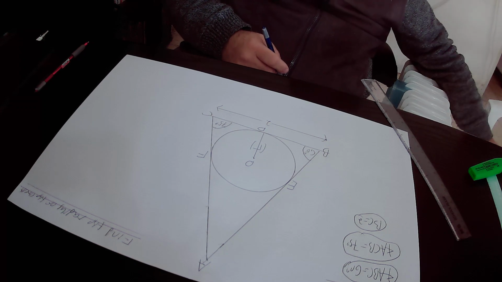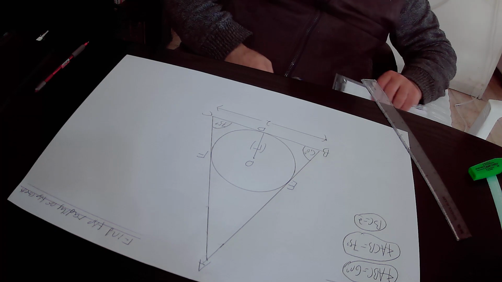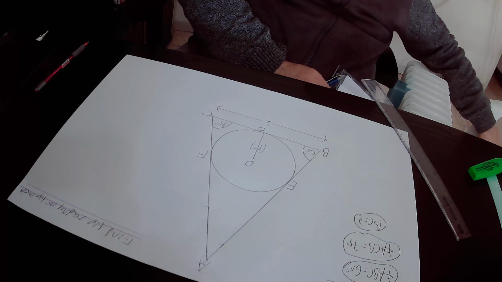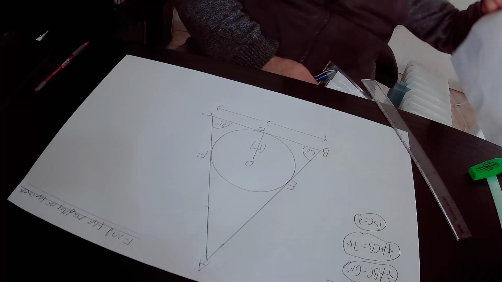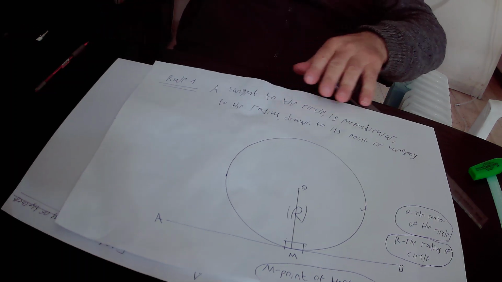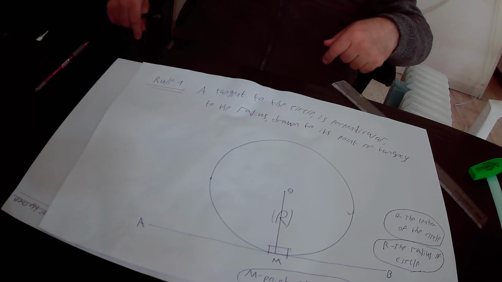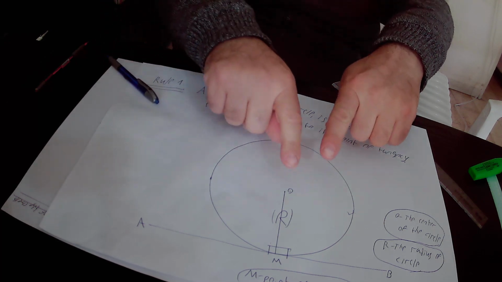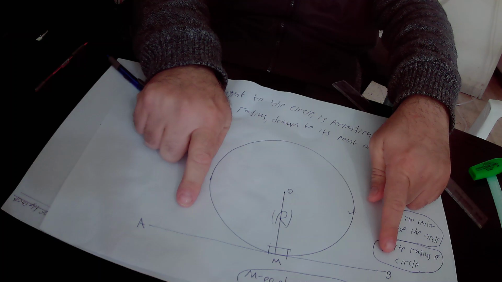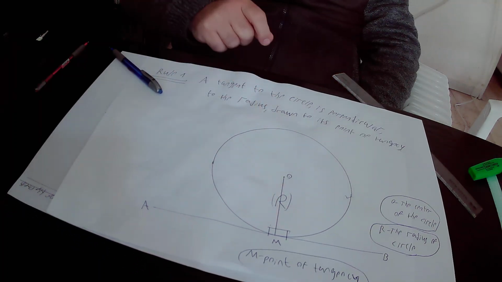And here we have rule number 1. According to rule number 1, a tangent to a circle is perpendicular to the radius drawn to its point of tangency. Here we have line segment AB tangent to this circle at point M. Point M is the point of tangency.